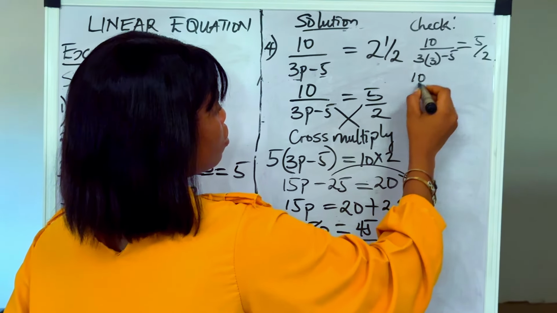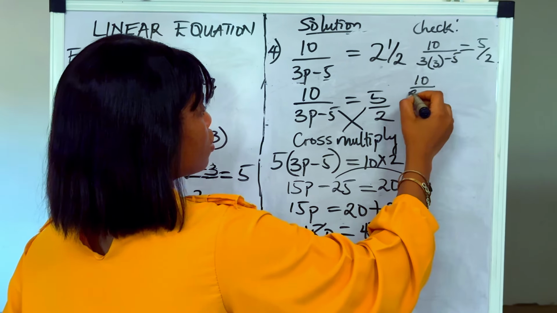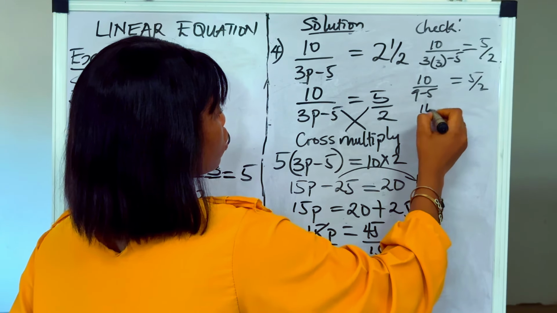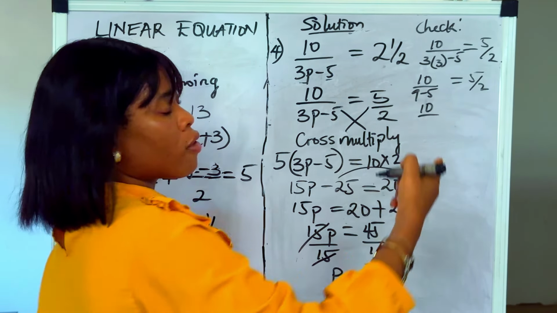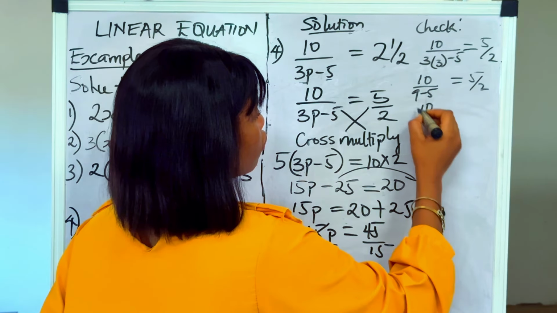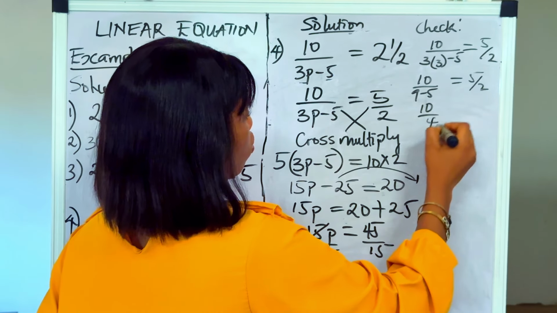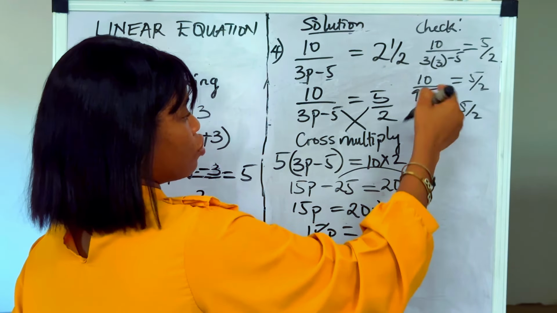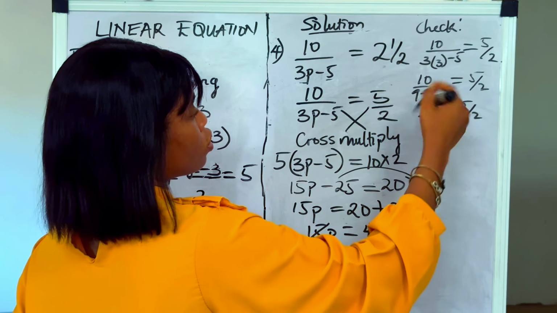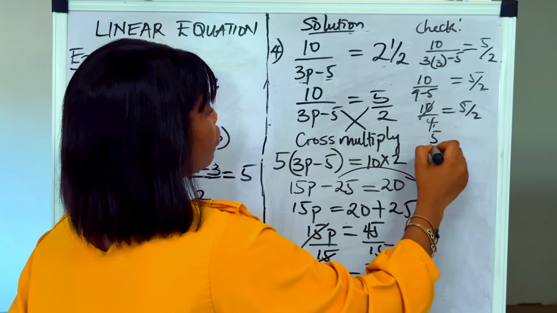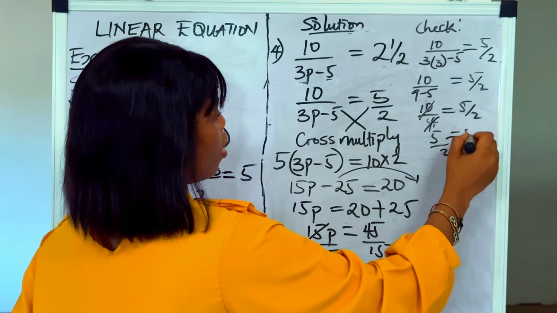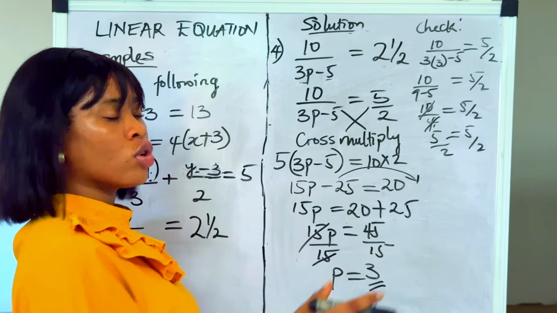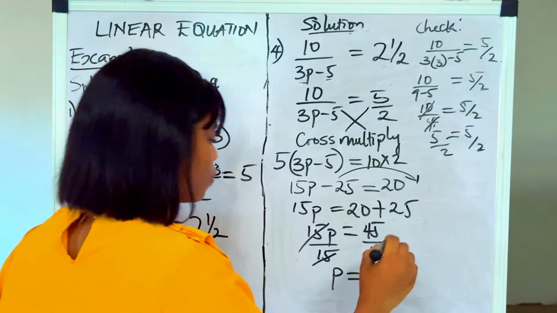So we have 10 over 3 times 3 is 9 minus 5 equals 5 over 2. 9 minus 5 is 4, so this gives us 10 over 4 equals 5 over 2. So I have to reduce this by 2. 5 over 2 here, 5 over 2 here. And then you can see that both sides of the equation are equal. So this solution is correct.